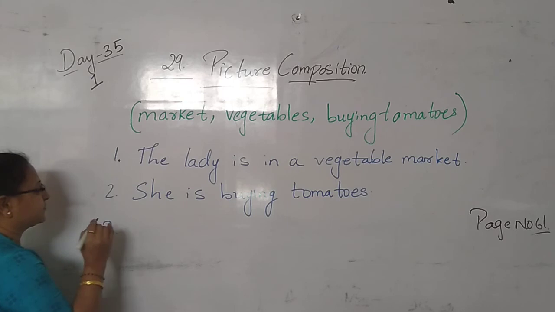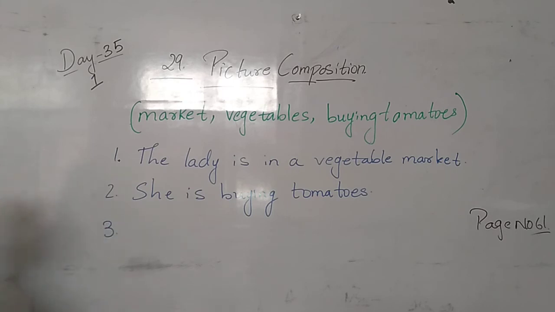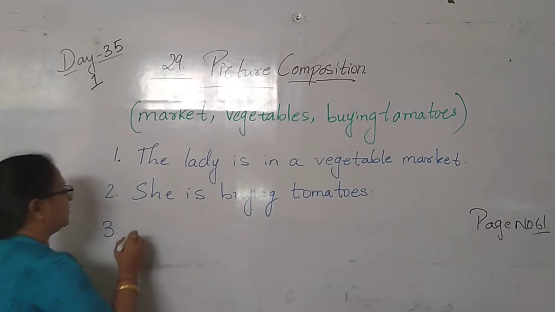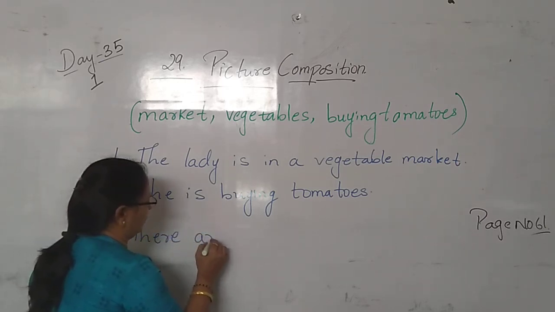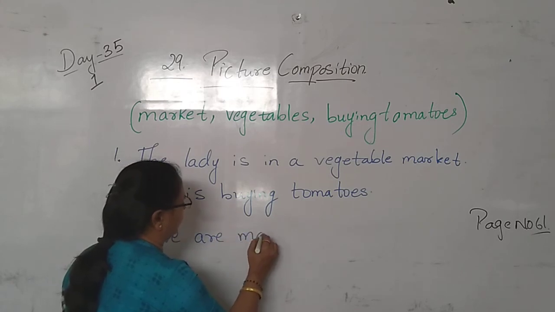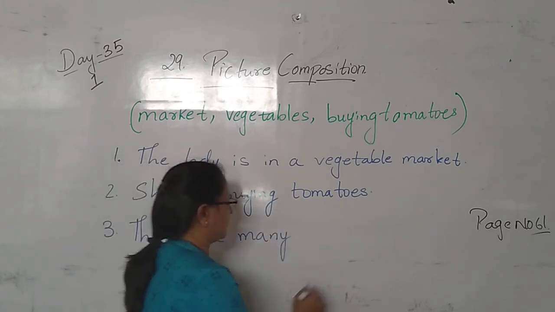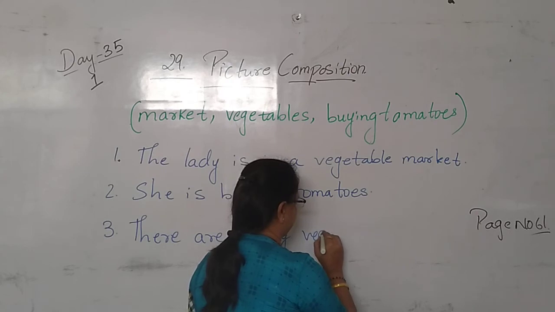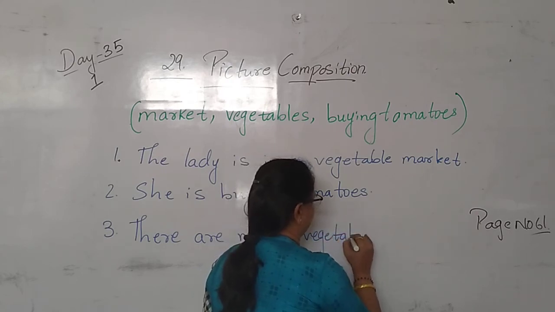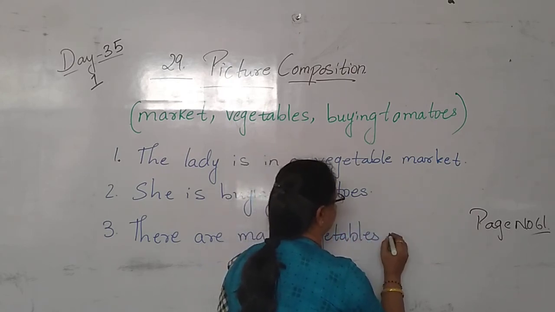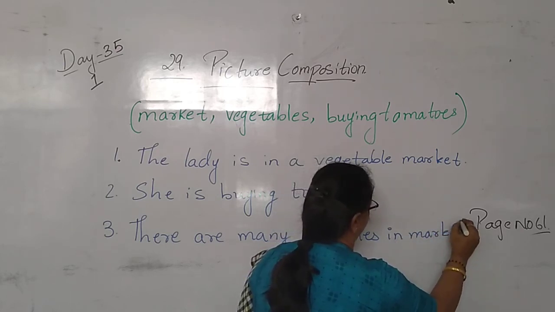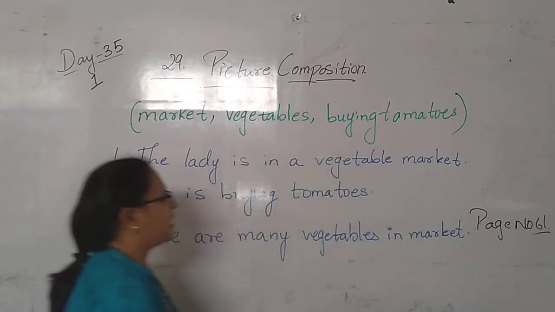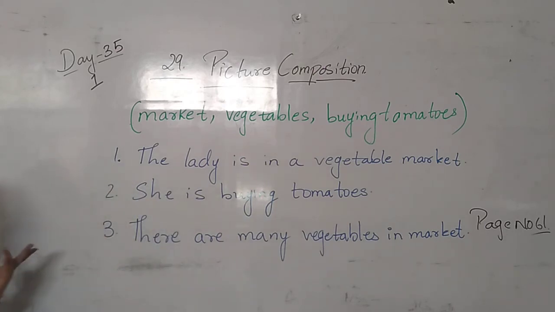Then next is what? Tomato is finished. Vegetable market. There are many vegetables in the market. 3 sentences they are given.